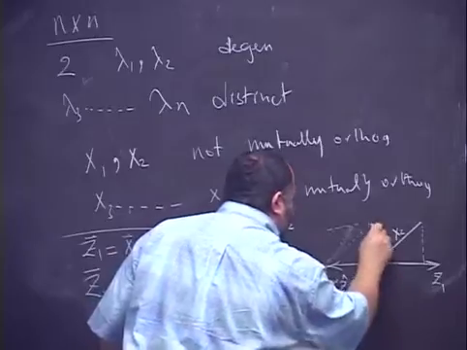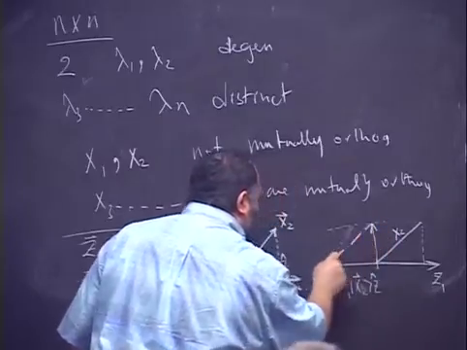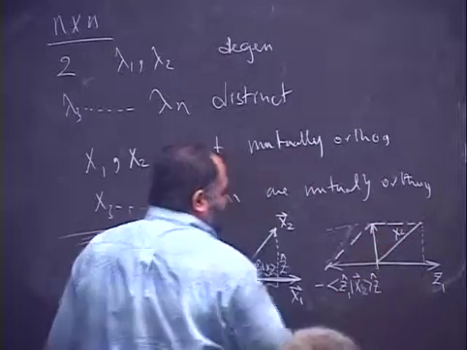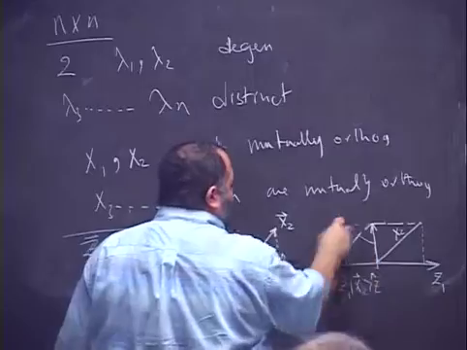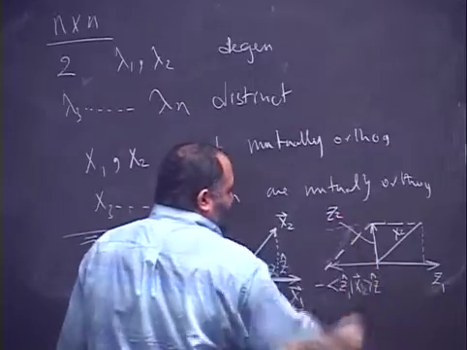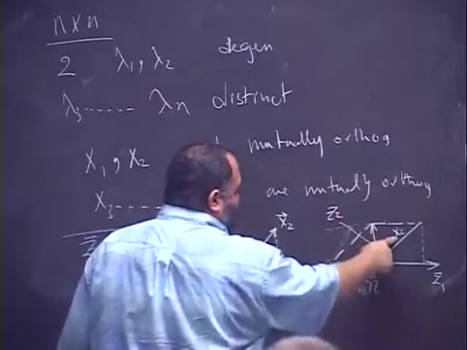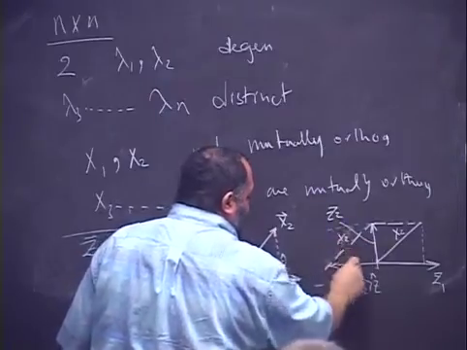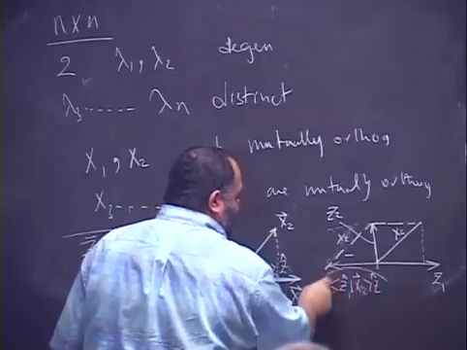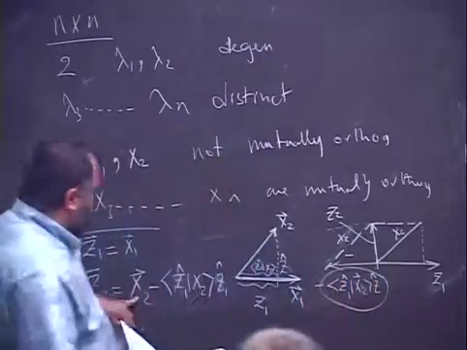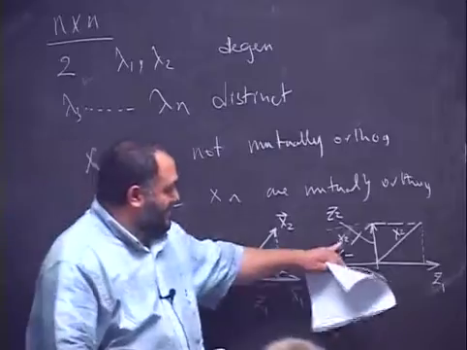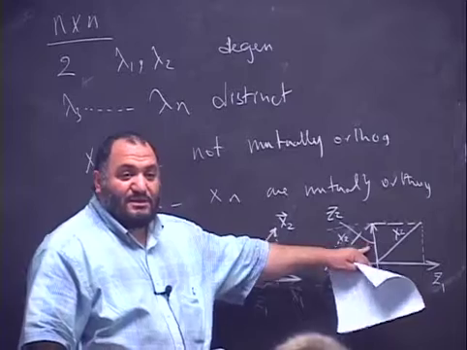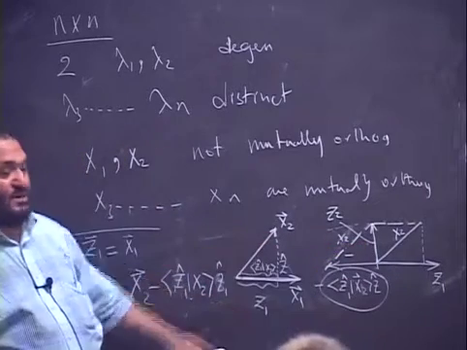This is z2, which is x2 minus this projection. x2 minus this. And this gives me z2. How do you see z1 and z2 now?